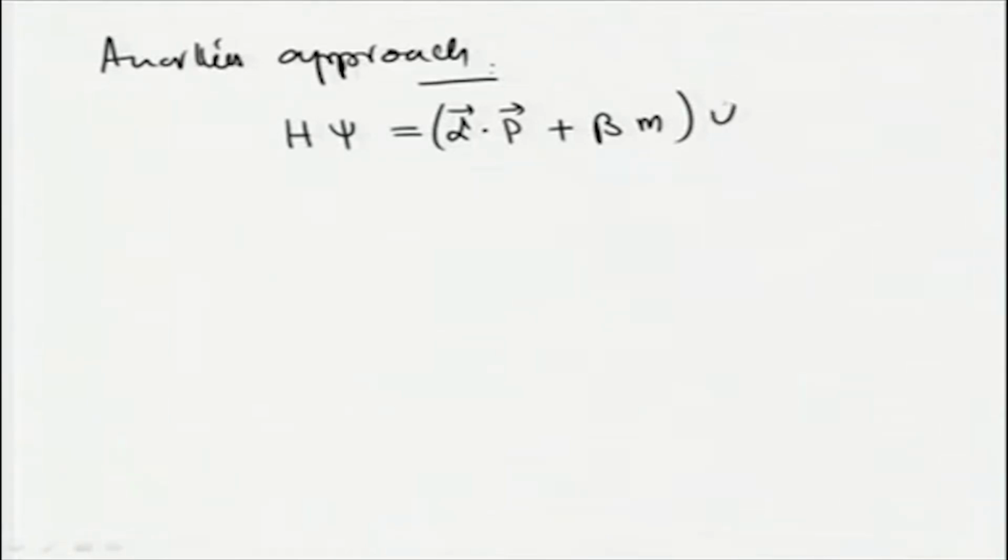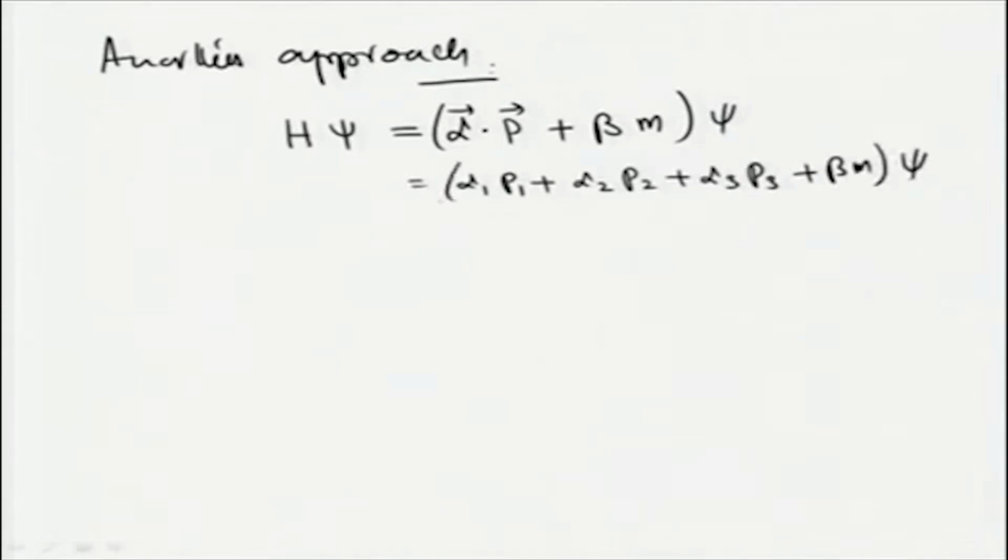The meaning is essentially that alpha 1, some coefficient, multiplies the first coordinate of momentum p 1, another coefficient alpha 2 p 2 plus alpha 3 p 3 plus beta m, acting on psi. This is the actual meaning of this, but in a compact way we can write it as alpha vector dot p. Whether alpha is actually a vector or not, we will see later.